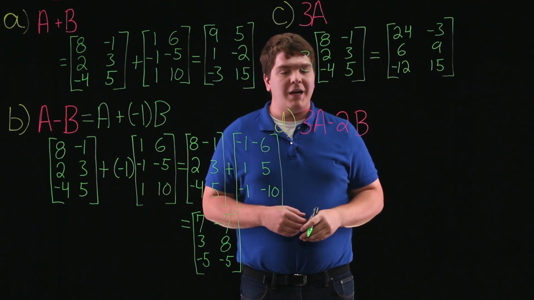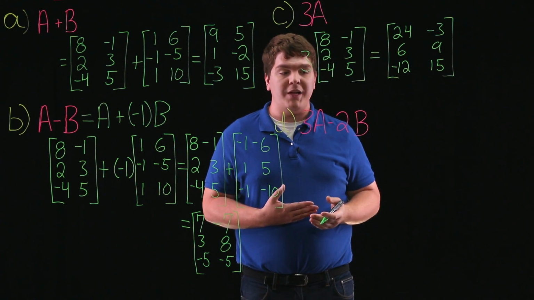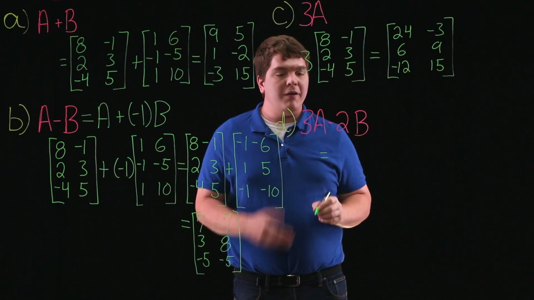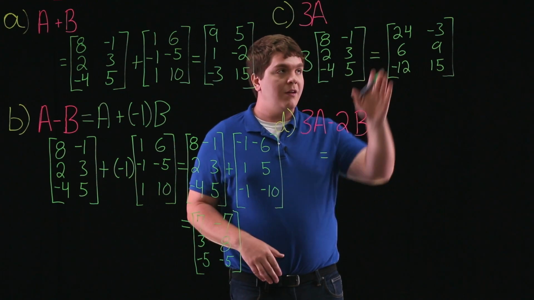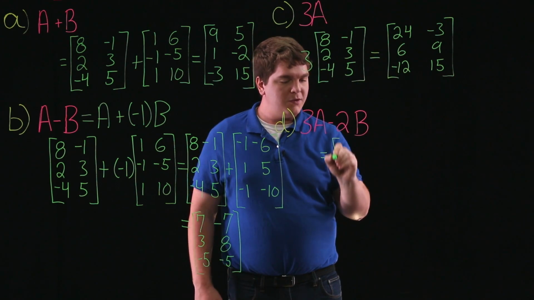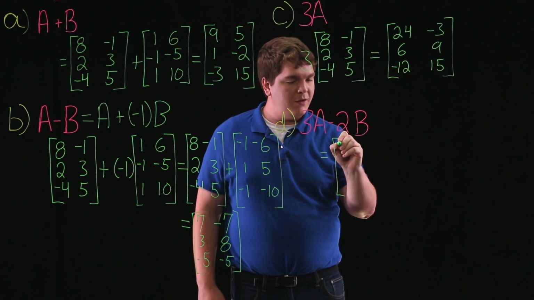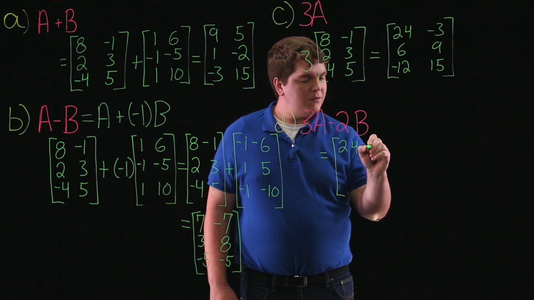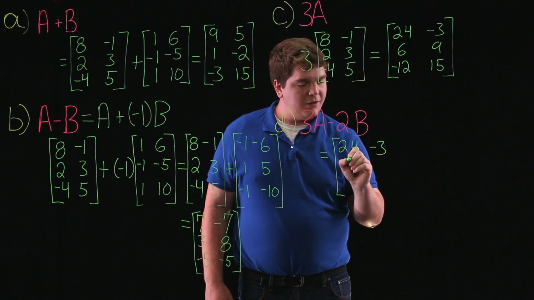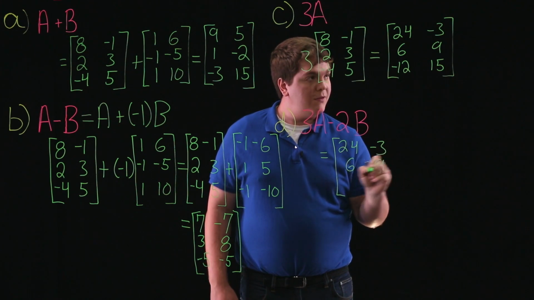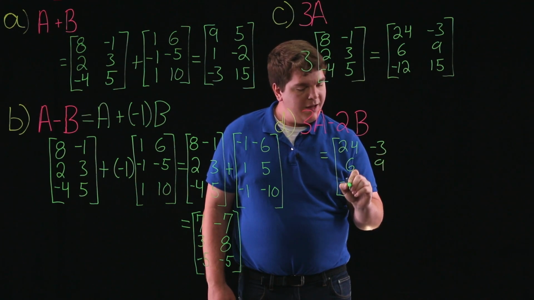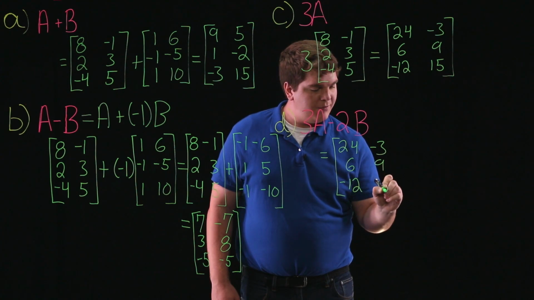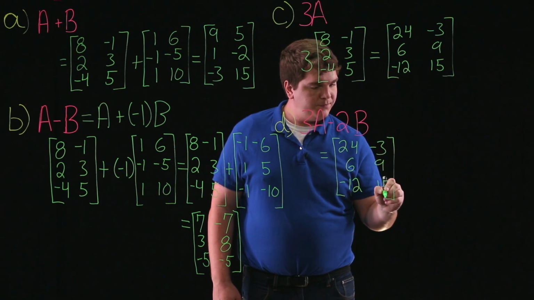For part D, we're asked to find 3A minus 2B. Well, here, we already know what our matrix 3A is. It's this matrix right here. So let me begin by writing that down. It's the matrix 24, negative 3 in the first row, 6, 9 in the second row, and negative 12, 15 in the third row.